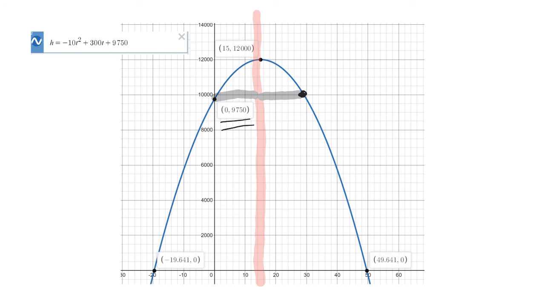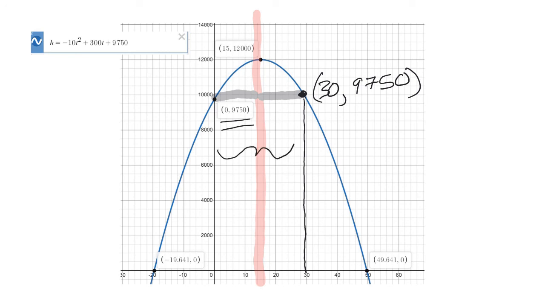So that means this value here, where it has the same height, happens at 30 seconds, and its height is 9750. So it actually travels from 0 to 30 seconds, which means our total time is 30 seconds for our flight to have weightlessness.